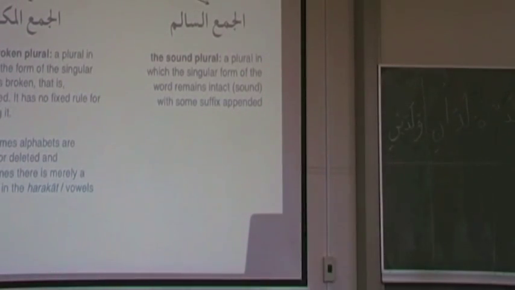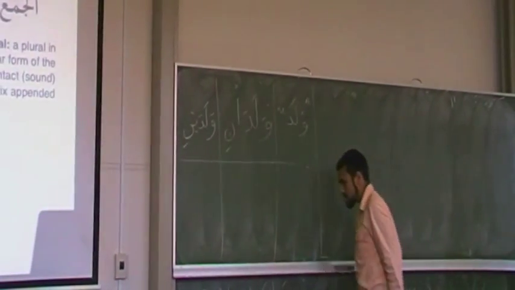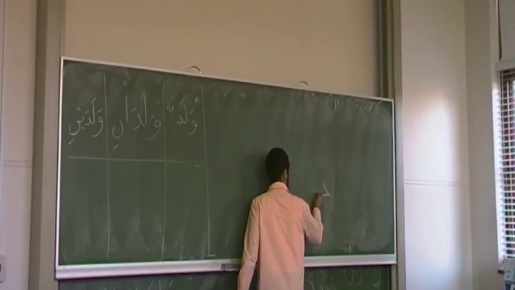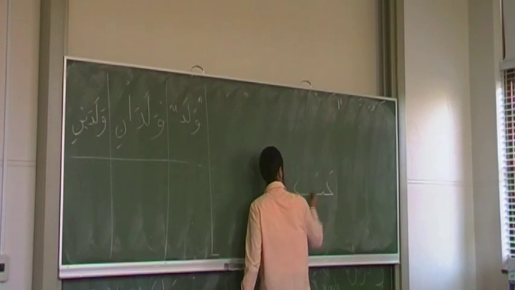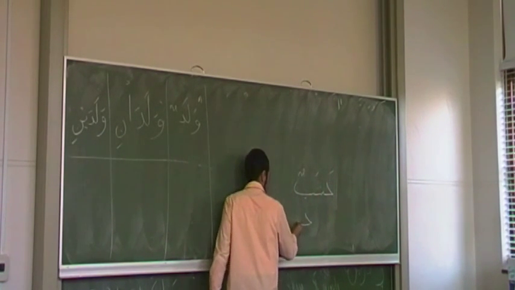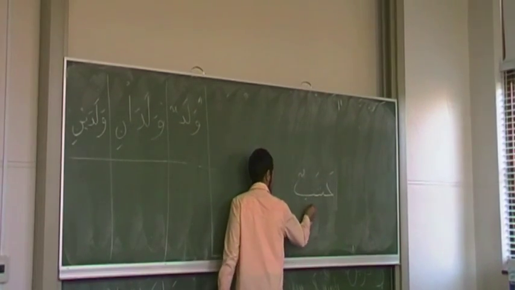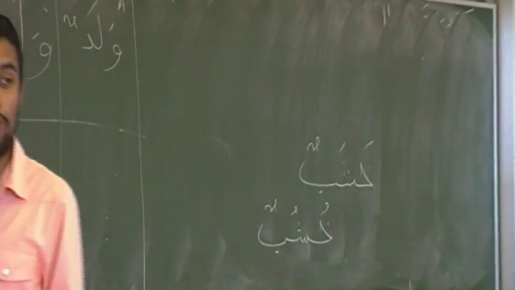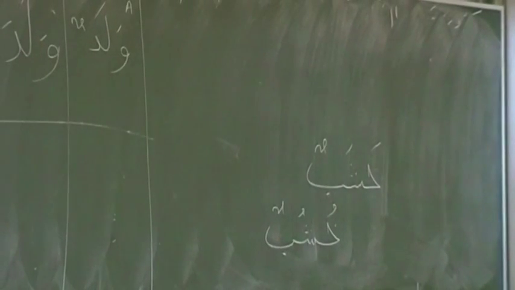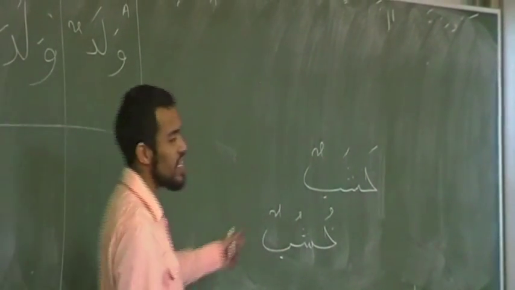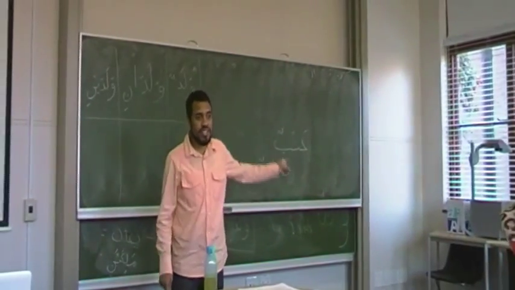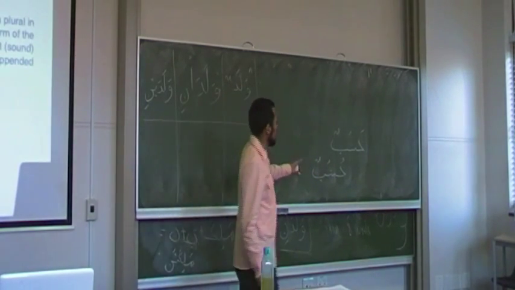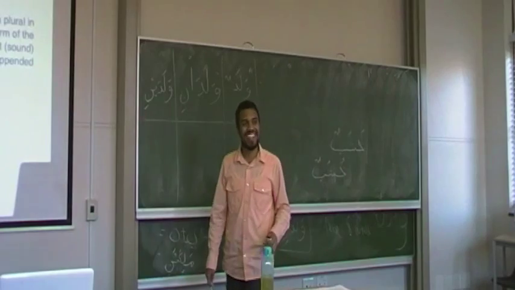You have a piece of wood, it's called khashabun, and the plural is khushubun. Khushub, and the singular is khashab. So that's a broken plural. But we didn't change the base, it's still there. But we changed the word.